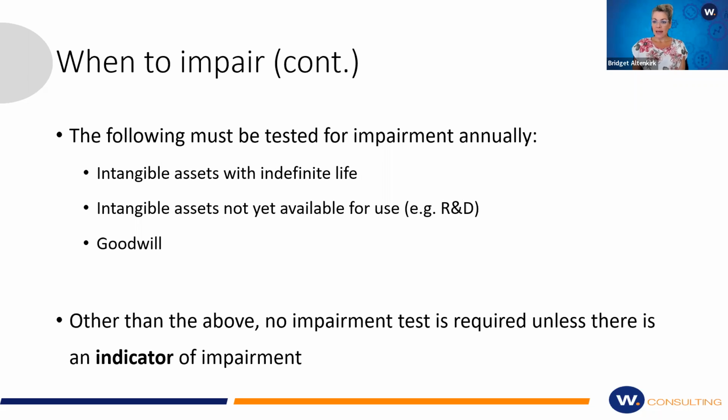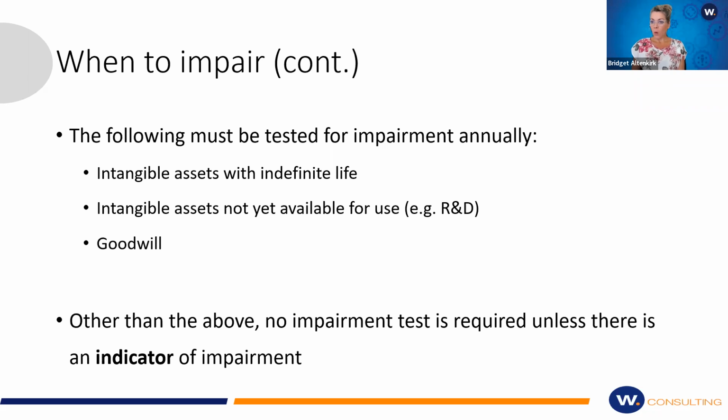So just by an entity having goodwill on their balance sheet, or an indefinite life intangible asset, or an intangible asset which is still under development, in other words, it is not complete at year end, just by virtue of having any one of those three assets at the reporting date, an entity is required on an annual basis to test those assets for impairment. In other words, you don't wait for there to be an indicator. Just by virtue of having those assets, an impairment test needs to be conducted.